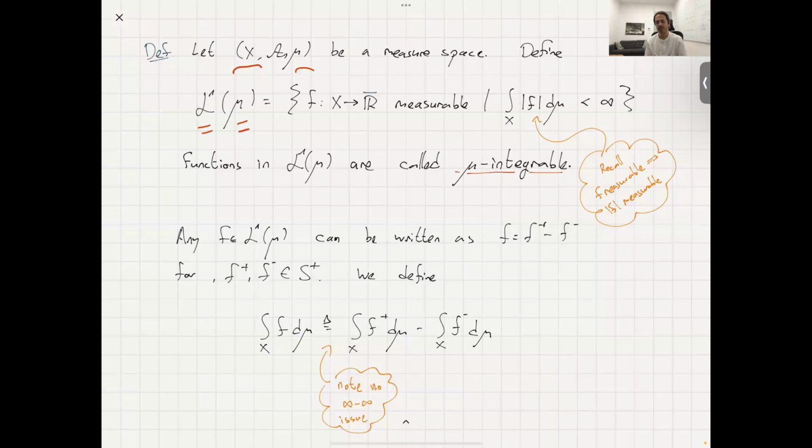Intuitively, the reason you require that is you don't want pluses and minuses to negate each other and cause weird stuff. So requiring that makes sure that cannot happen.